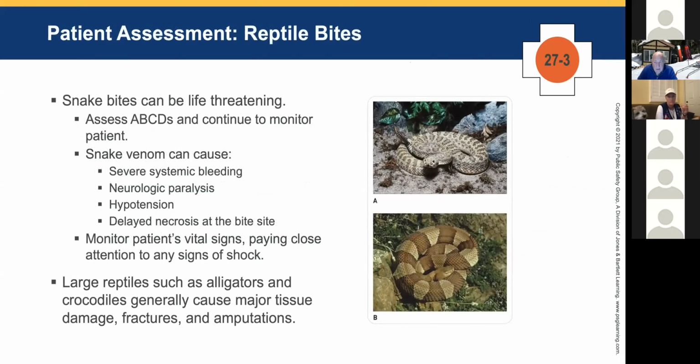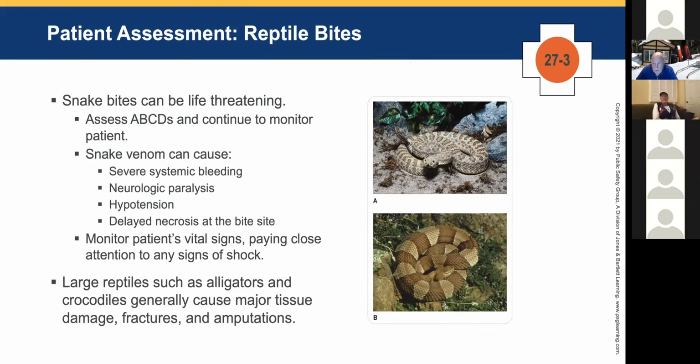Snake bites. I've got to tell you, even a garter snake scares the daylights out of me. But again, what we want to do is assess the ABCDs. They talk about snake venom can cause severe systemic bleeding, neurologic paralysis, hypotension, delayed necrosis at the bite site. And again, monitor the vital signs.